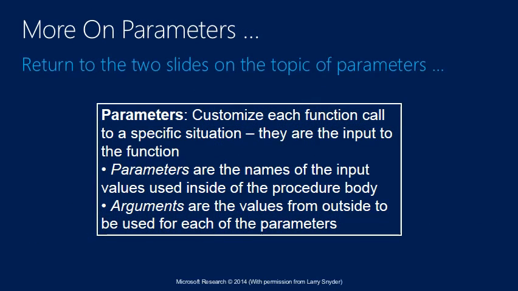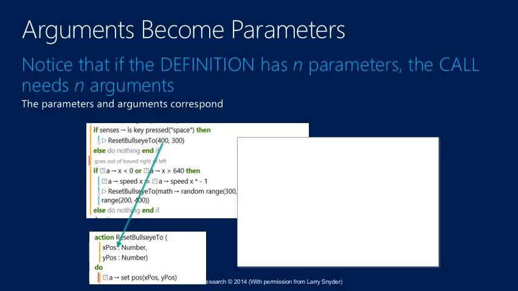And just again as a reminder, our parameters are the names of the input values that are being used, and the arguments are the values. Okay? And just to review, for every number of parameters we have, we need to put in that many values, and our values get sent to our actual function definition.